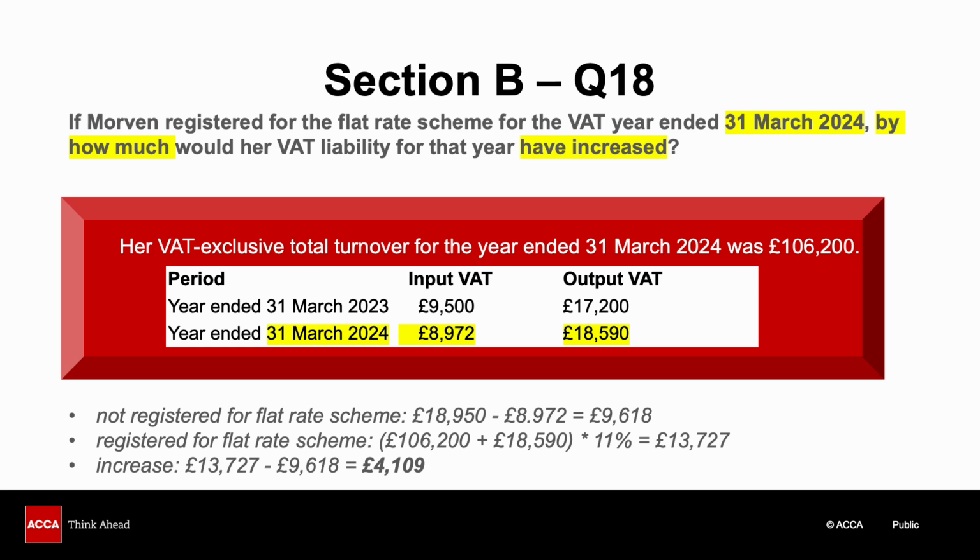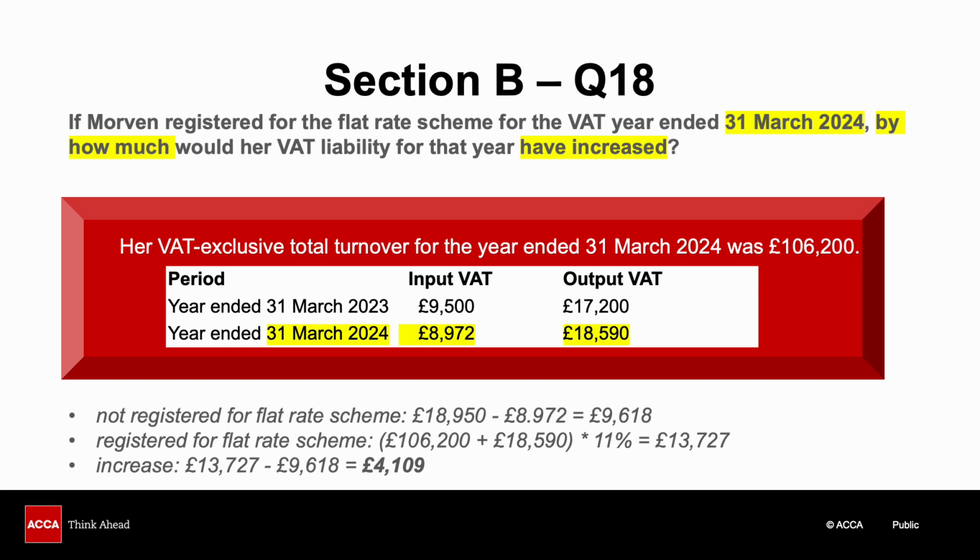Now, the way the flat rate scheme works is to apply a certain percentage, which we were given in the question and you will always be given. You apply it to the VAT inclusive total turnover figure for the period. So our problem here is that we're given the VAT exclusive total turnover figure of 106,200. So we need to know, what would the VAT be on that? Well, we're actually given that figure.